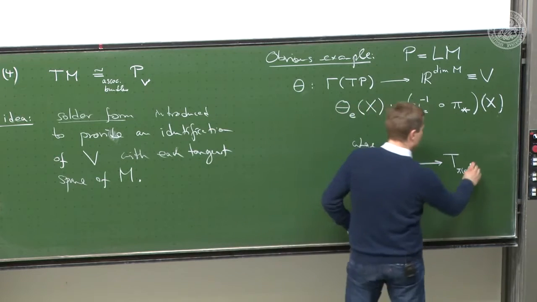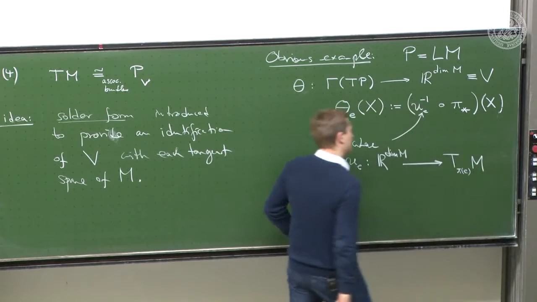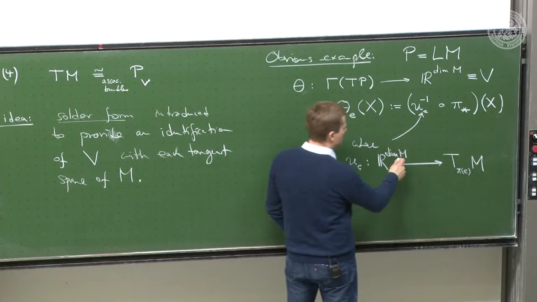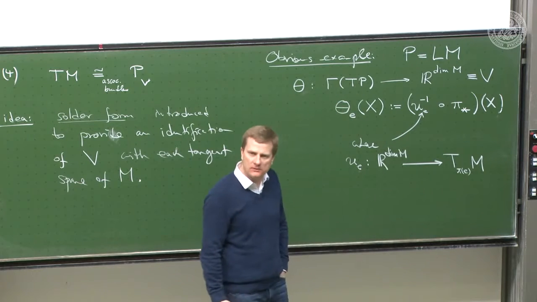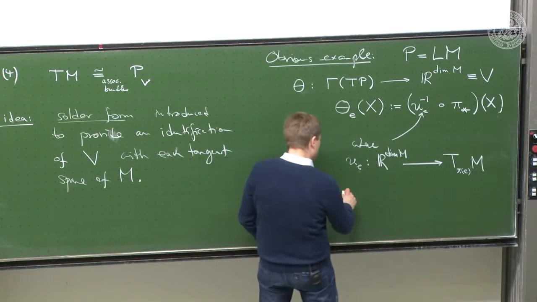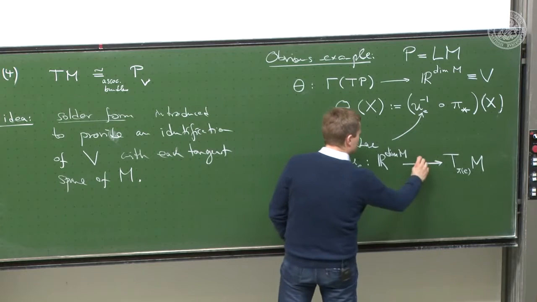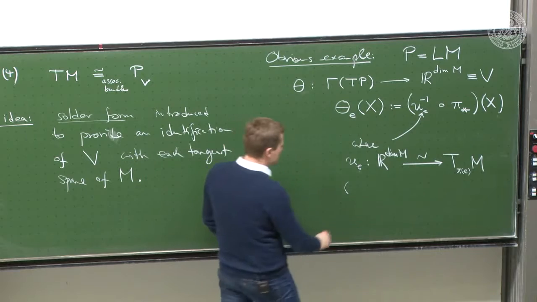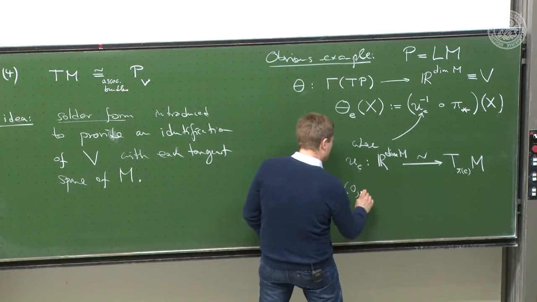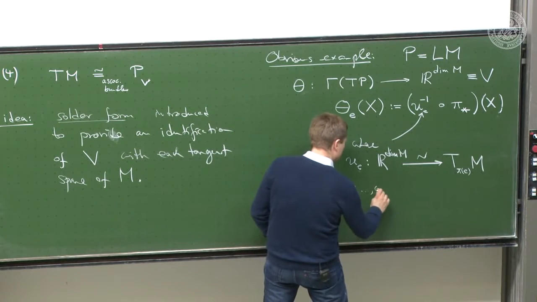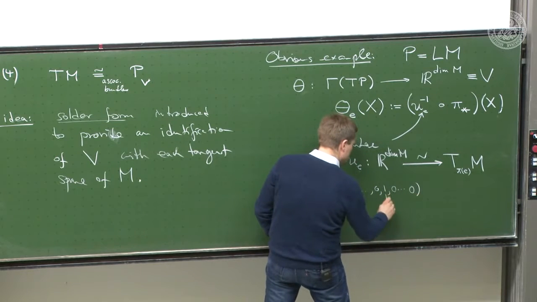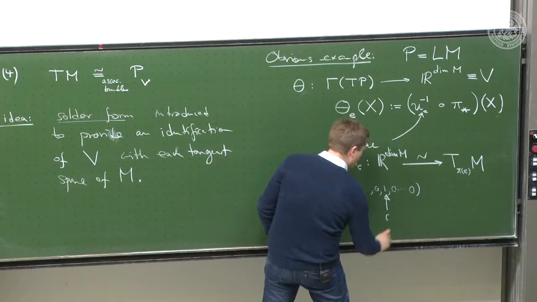Frame is attached to the base manifold. How? Well, R dim M is just a dim M-fold Cartesian product, and this is supposed to be a linear map. And a linear map is given once I prescribe it on an arbitrary basis. So I choose on this Cartesian product the basis where this is the ith entry.